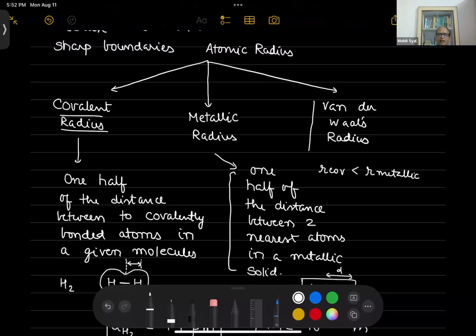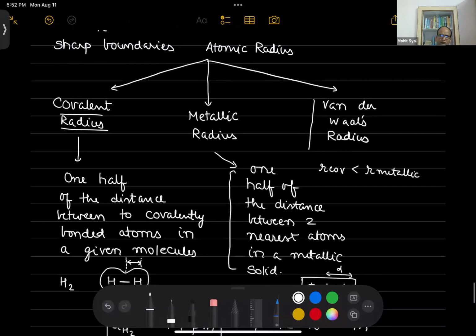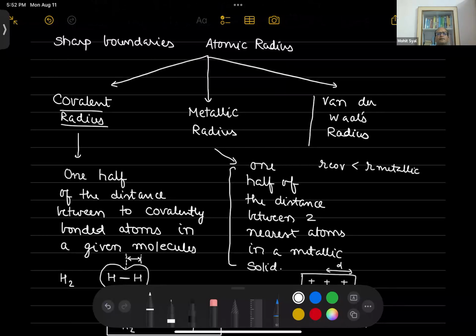Noble gases, right? Noble gases do not have any tendency to form bond. Noble gases have a complete octet, that we know. Because of the complete octet, they do not have any tendency to combine with any other element, right?